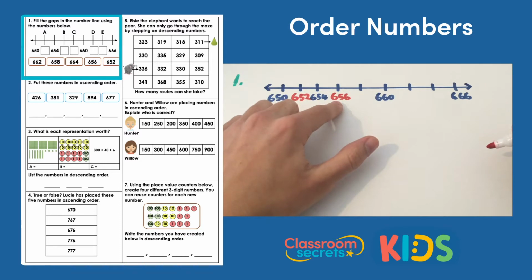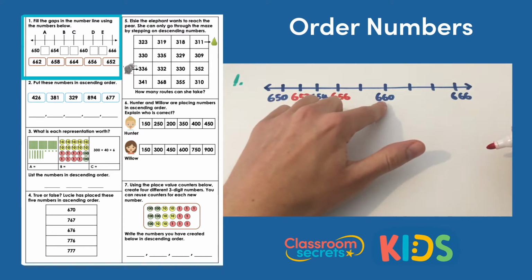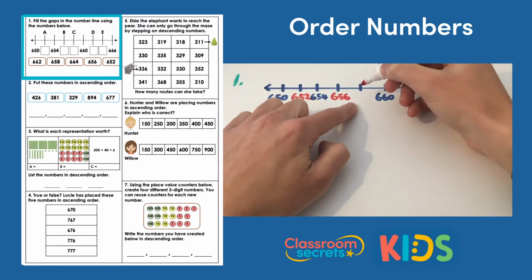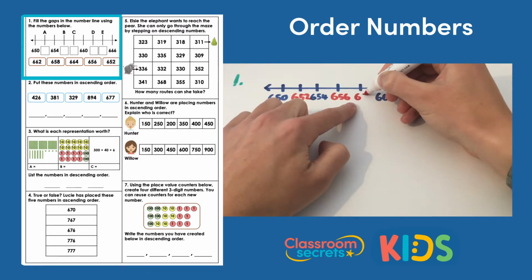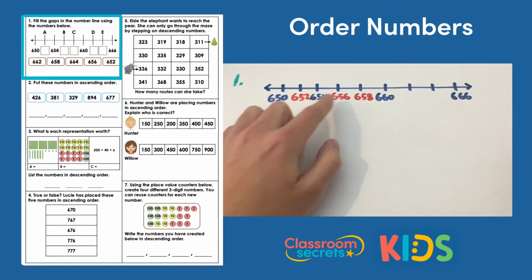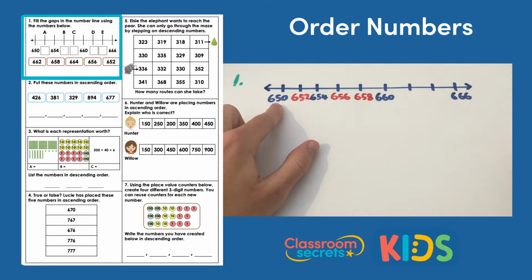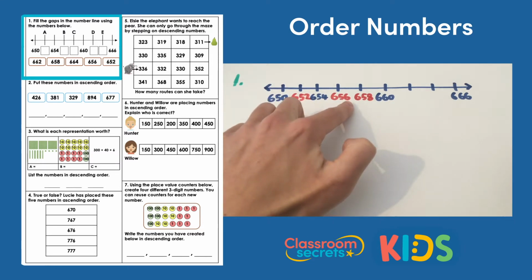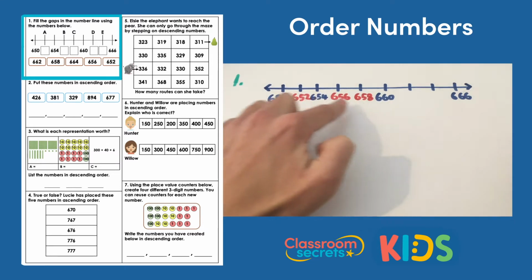Then we're looking for a number between 656 and 660. The only one on there left in the 50s is 658. And you can start to see a pattern emerge now. If you forget about the hundreds for a moment, you can see 50, 52, 54, 56. We're going up in steps of 2.